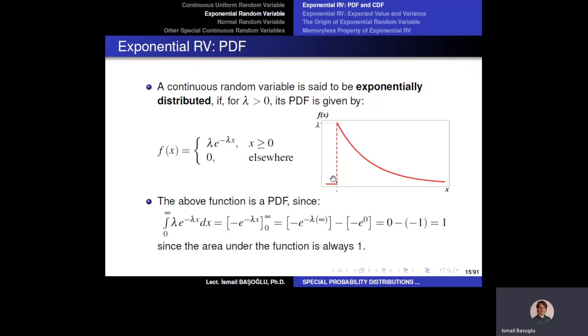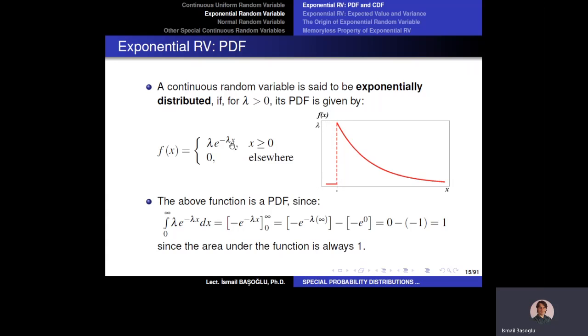And so this is the drawing of the PDF here. As you can see, for negative values, it is 0. And for non-negative values, it has a shape like this. As you can see, when x is equal to 0, we get lambda as the response of the function.